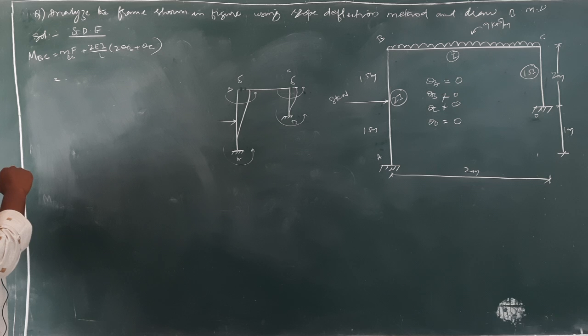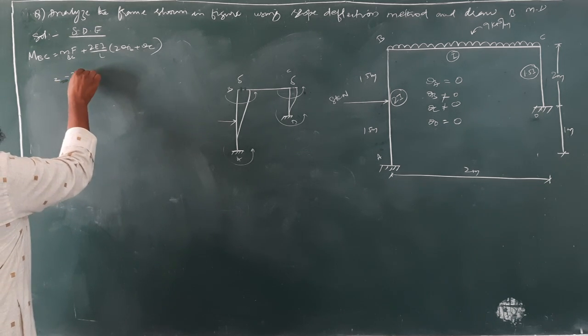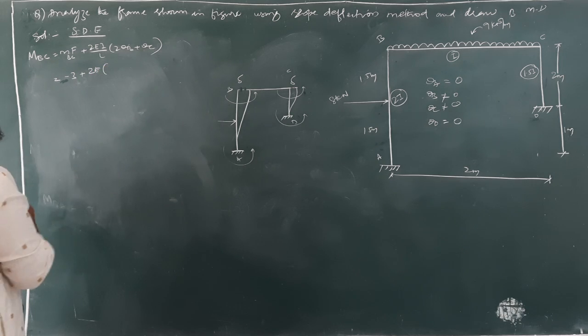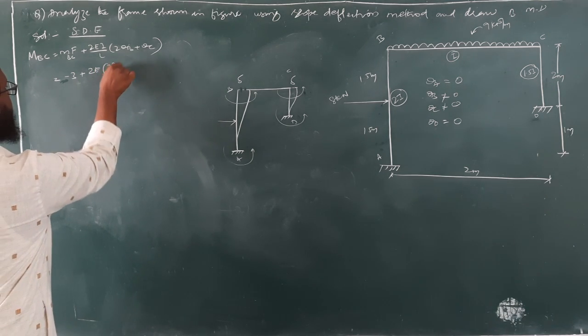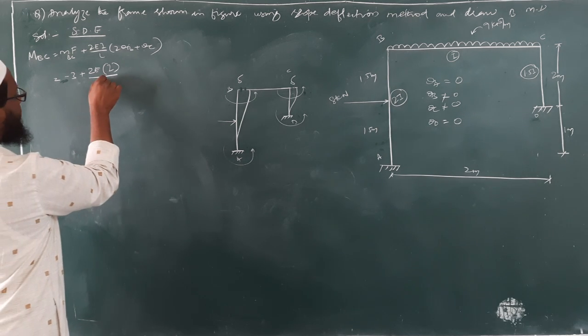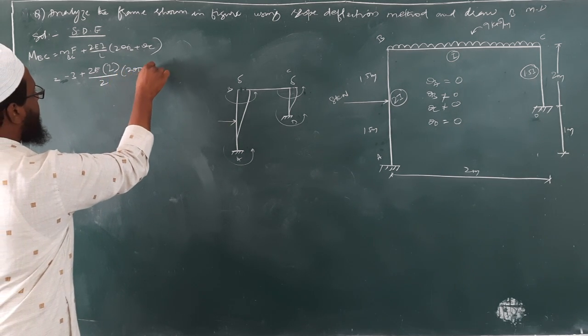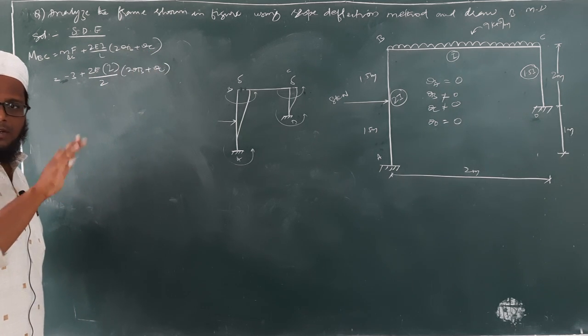Okay. Now what about MFBC we have? What is the value of MFBC? Minus 3 plus 2E. What is the value of I there for span BC? I only. Correct. So what is the span L? Span BC 2 meter into 2 theta B plus theta C. Theta B and theta C will exist. They are not equal to 0.